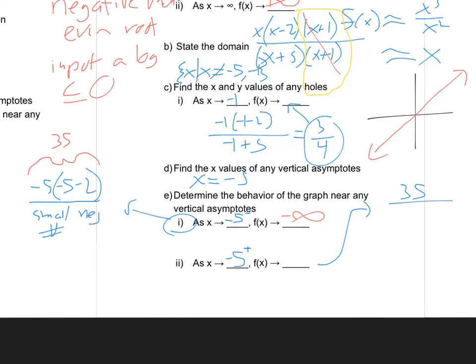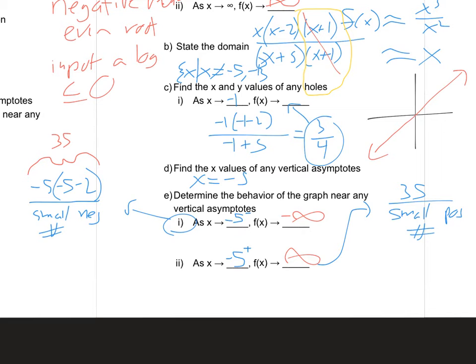But because now I'm plugging in on the right, something like -4.9, well, -4.9 plus 5 is a really small positive number. So now my denominator is still small, but it's a small positive number. So that means my output is going to be a huge positive number.